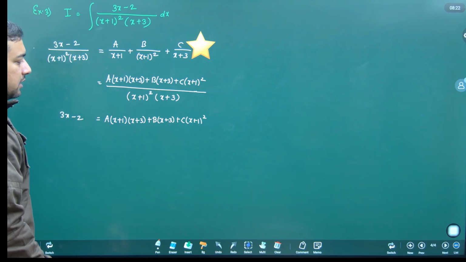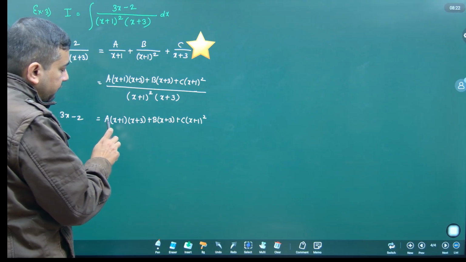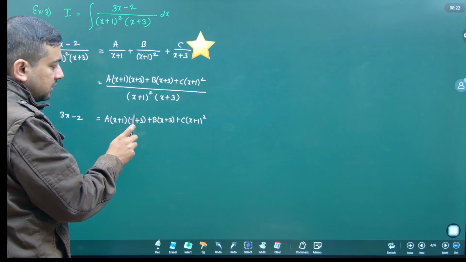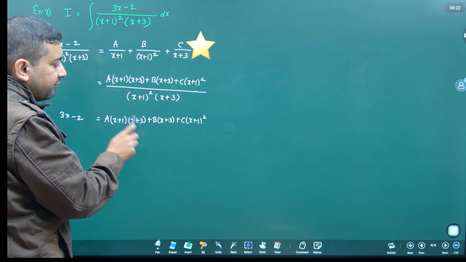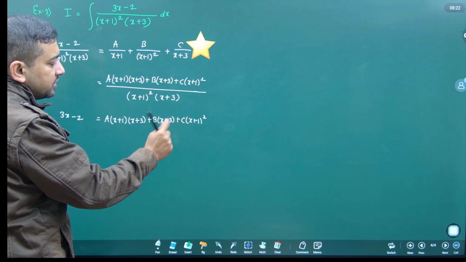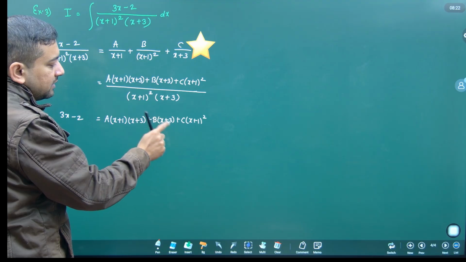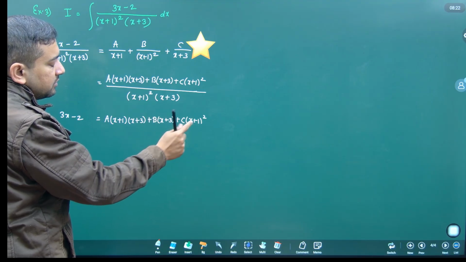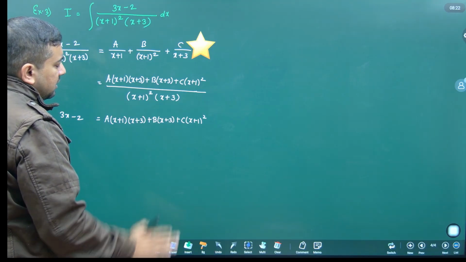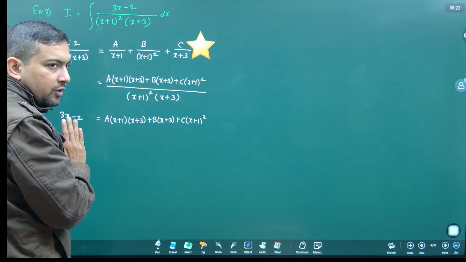Now, for example, let me find A first. If I want to find A first, I will make term B and term C 0. But is there any common thing in this? No. So avoid A first.